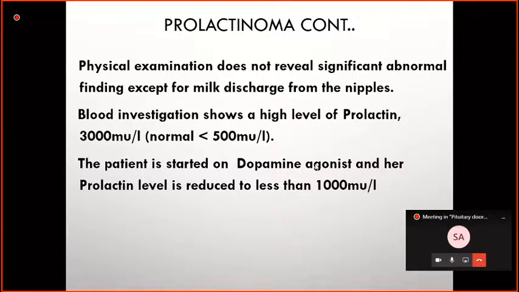Correct? Can you relate? Doctor, is it not secondary? Secondary hyper or hypothyroidism? Hypo. Secondary hypothyroidism meaning you have low TSH. So they give negative feedback to the hypothalamus.